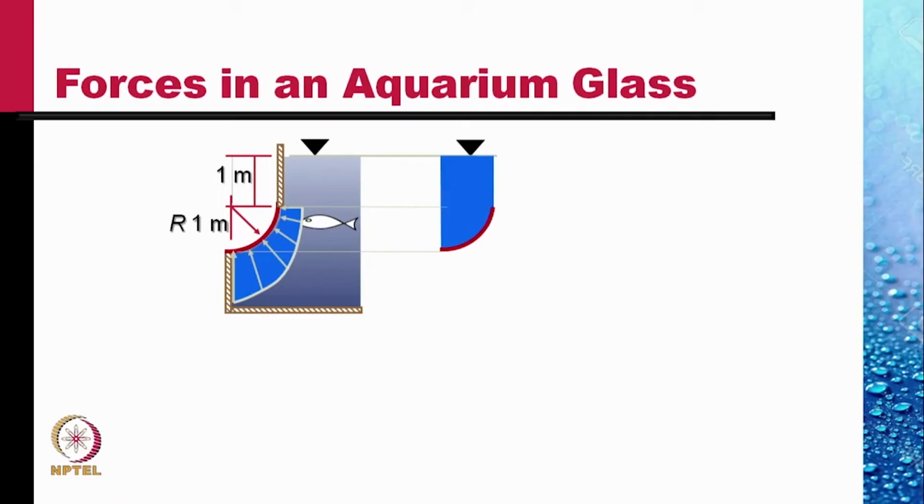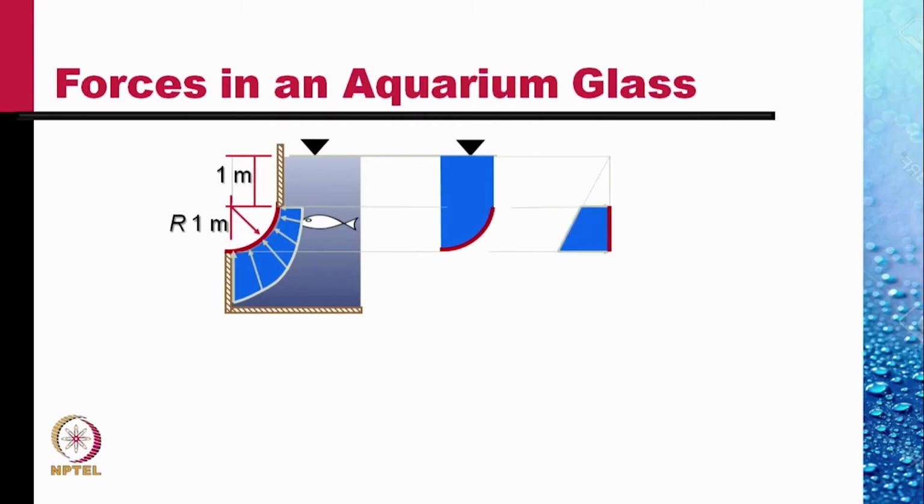So it is the weight of this blue water prism shown. This weight is easy to find because the volume of that water is equal to the volume of that square prism of water plus a quarter cylinder prism of water.